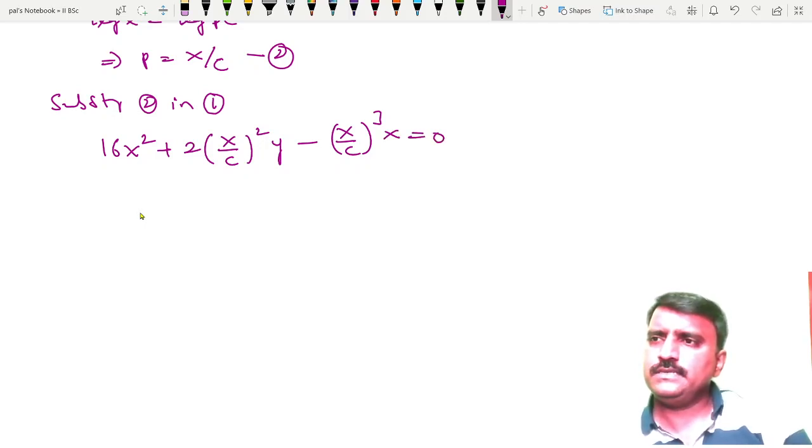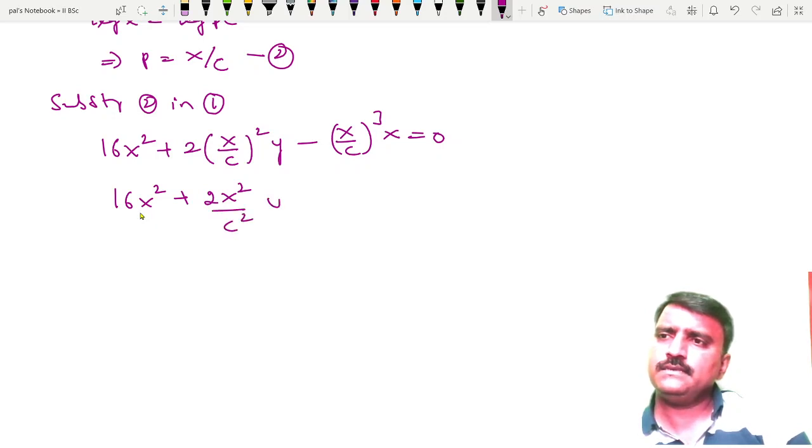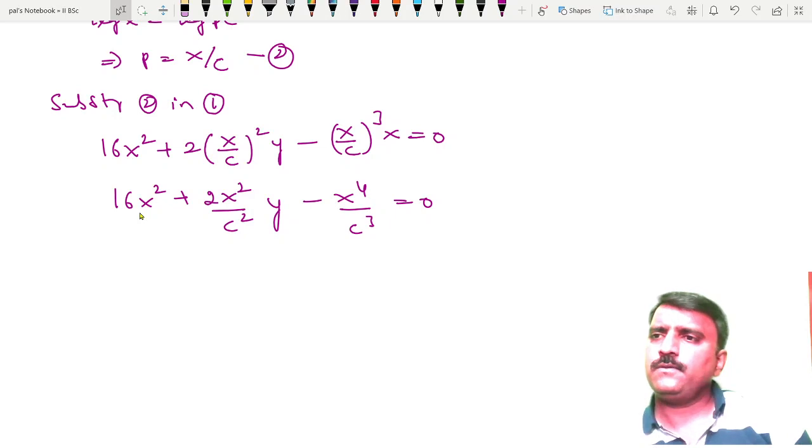So 16x square plus 2x square by c square into y minus x to the power 4 divided by c cube is equal to 0. So c is a constant. You can keep any value in that place.